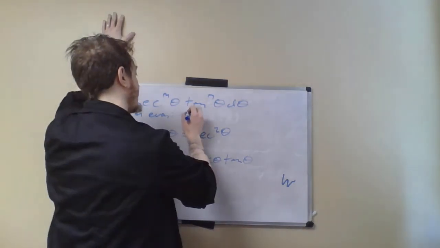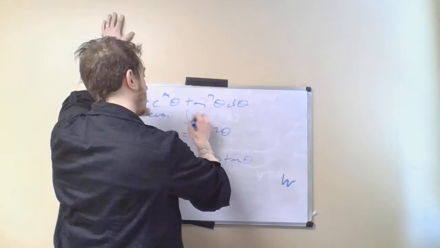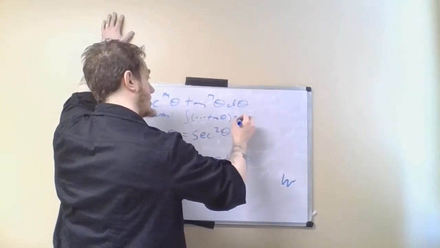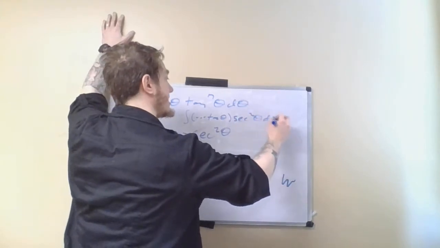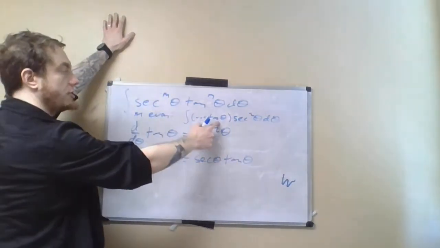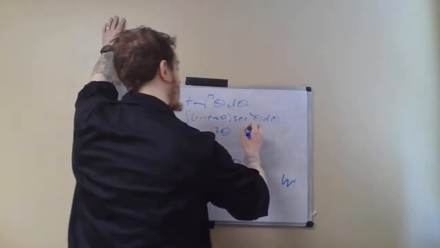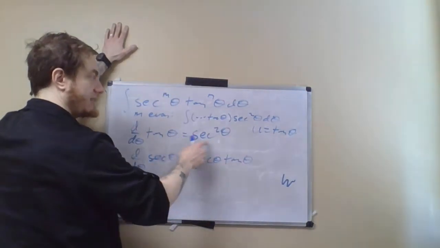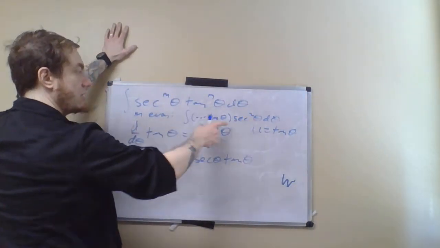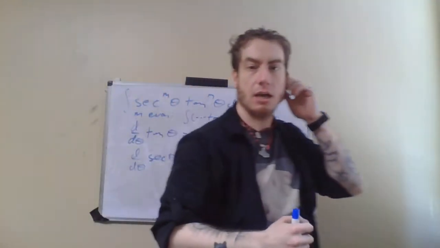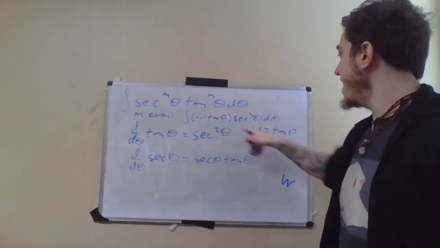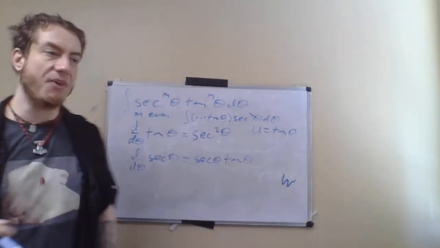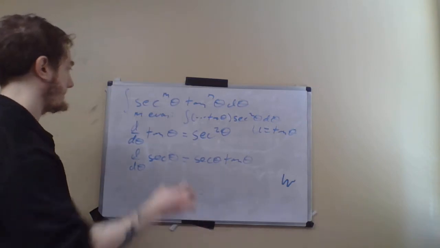So I can rewrite this as the integral of something involving tan theta times secant squared theta d theta. And then what do I do? Well, then I make a u substitution of u equals tangent theta, because then du is secant squared theta d theta, and I can do this integral, because now it just involves tangents, so my u substitution is going to work out here. So that's what I can do if I have even powers of secant.